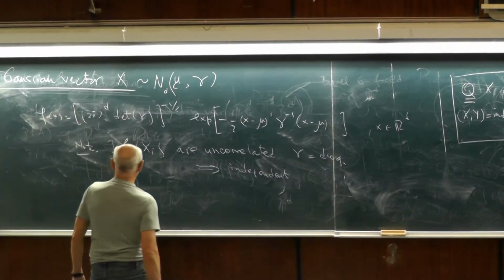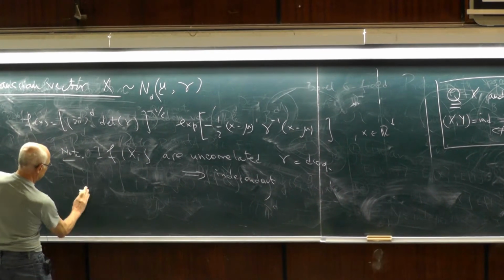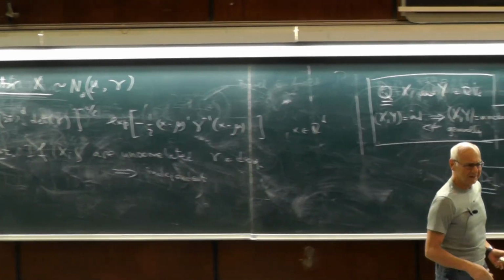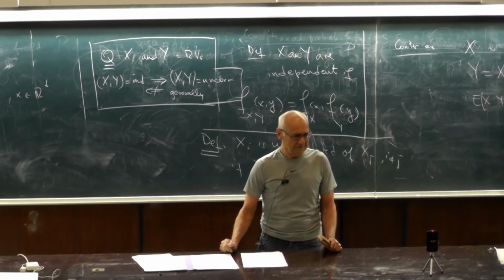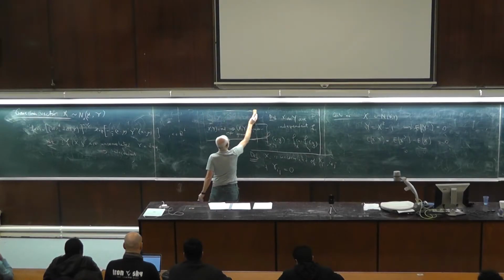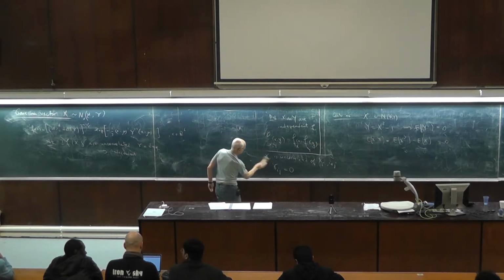One other property, so this is one thing. The other, well, let's put it as a definition. Have you seen characteristic functions? Yeah? So that's an alternative way to characterize or to describe random vectors.